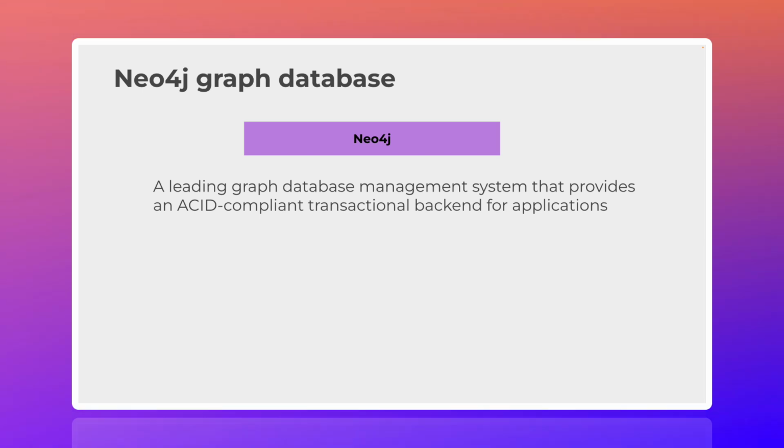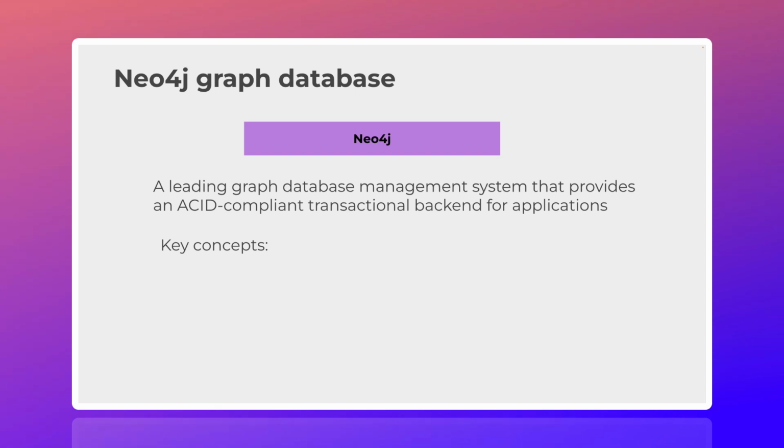It follows ACID compliant transactions, which means that it is very secure. It follows all the protocols that most database management systems need to follow in order to be scalable, reliable, and so forth. This course is not about Neo4j, but I just want to introduce you to the basics, because that's what we're going to be using.